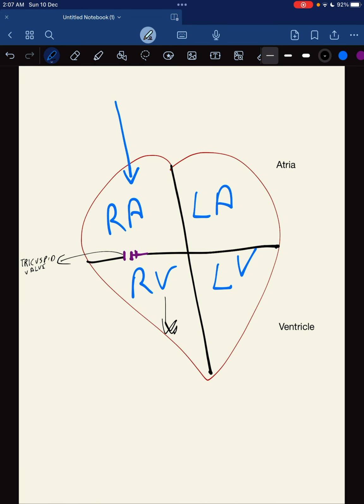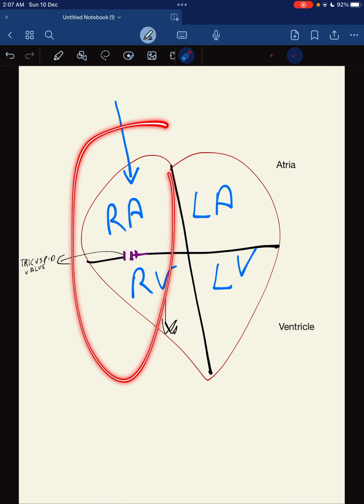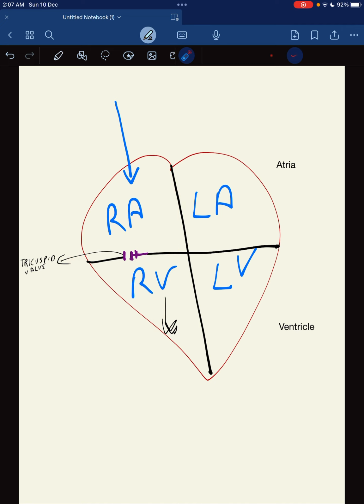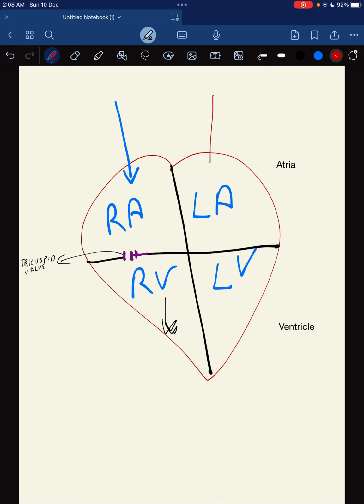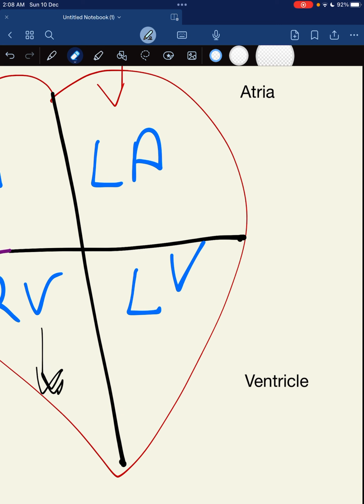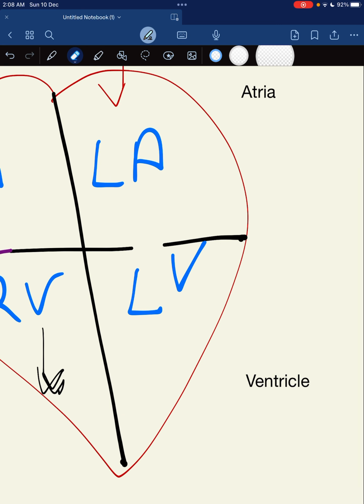So that's the right hand side that we have studied. Now let's see the left hand side. On the left hand side there are two valves, so we can write that there are two valves.